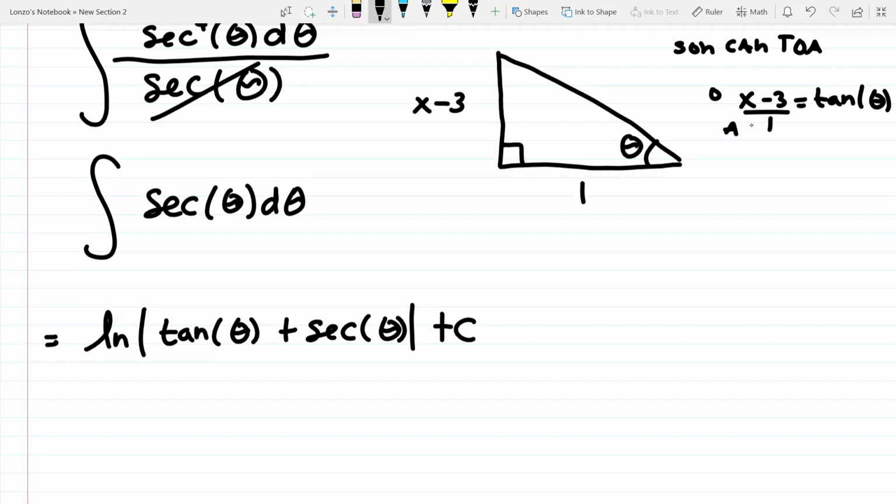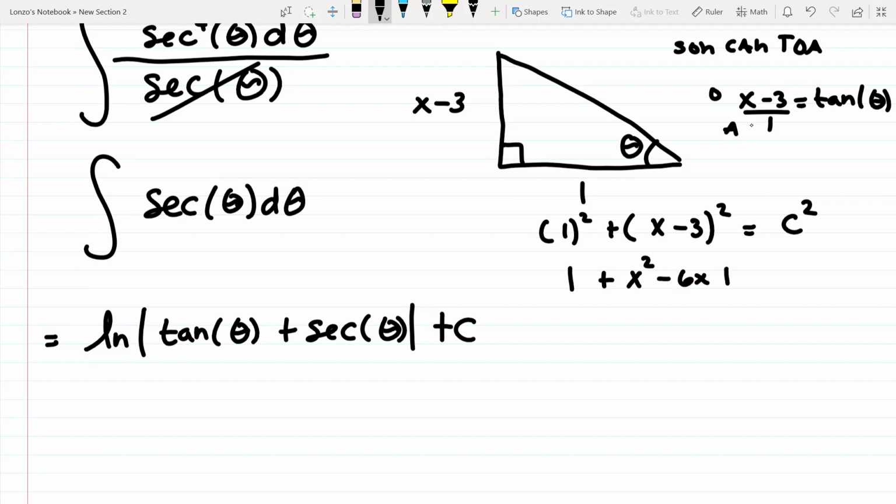Do we need to find the hypotenuse? I believe so. Yes, we've got to find the hypotenuse before we go any further. Because it's a right triangle, we can use the Pythagorean theorem. So it's going to be 1 squared plus x minus 3 squared equals c squared. Okay, so 1 squared is 1 plus, what's x minus 3 squared? That's x squared minus 6x plus 9 equals c squared.